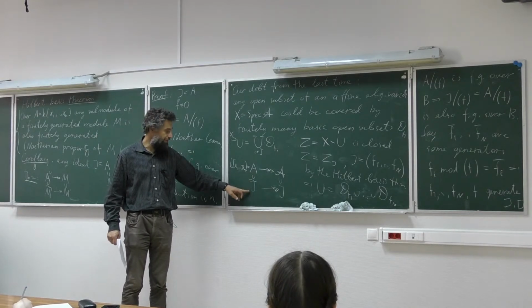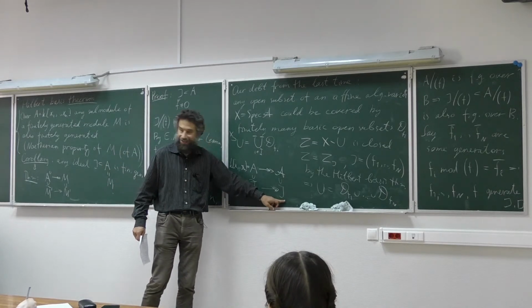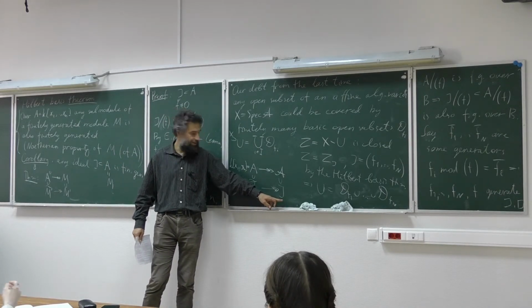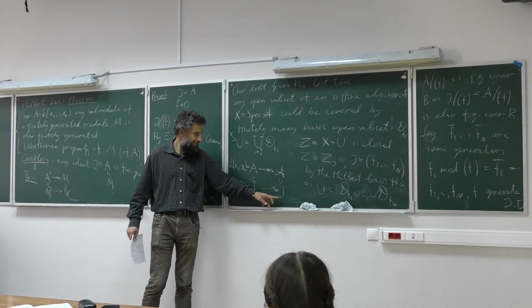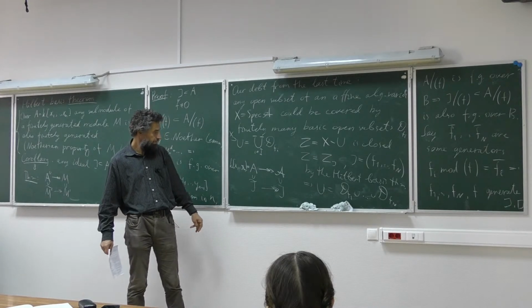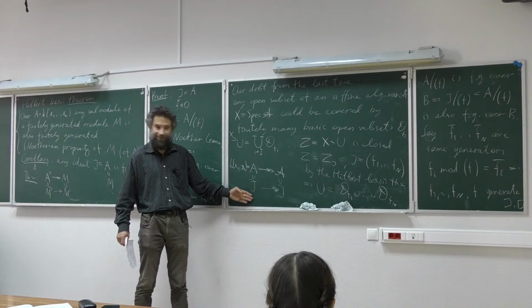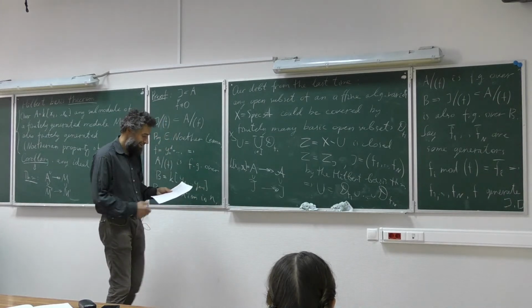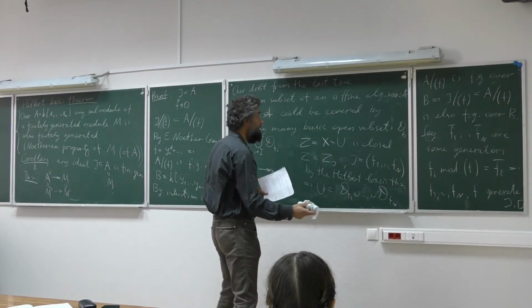So it has some generators, F1 and so on, F capital N. Their images in J will generate the ideal J by definition. There is a surjection like this, so anything is generated by them. Okay, fine.